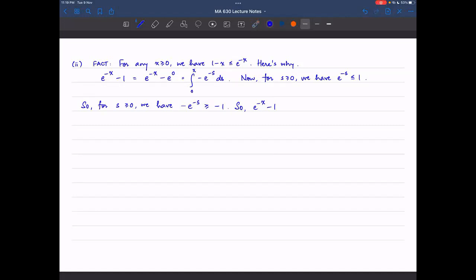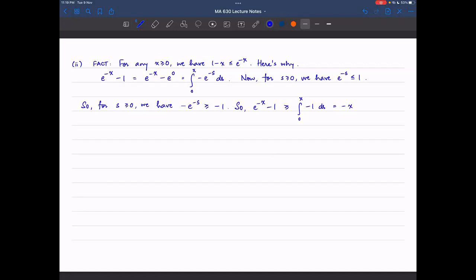And now what I'm saying is that since this integrand is greater than or equal to minus 1, I'll get that this is greater than or equal to the integral from 0 to x of minus 1 ds. And of course, on the right side, I'm simply going to get minus x.